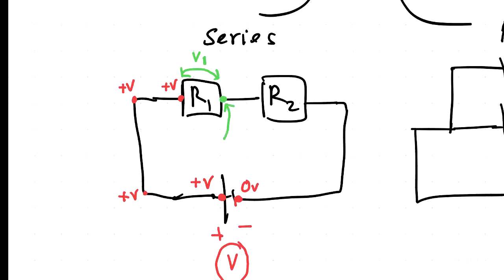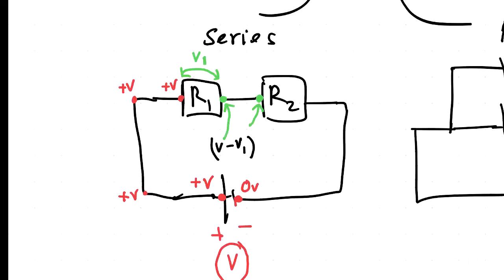This green dot point will be experiencing a new voltage value. So that is going to be V minus V1, right? So this point, same, V minus V1.